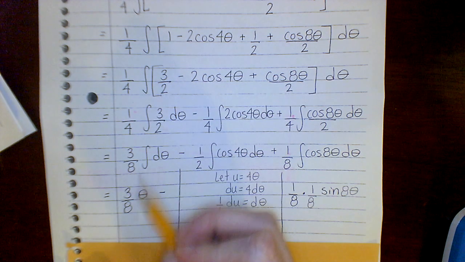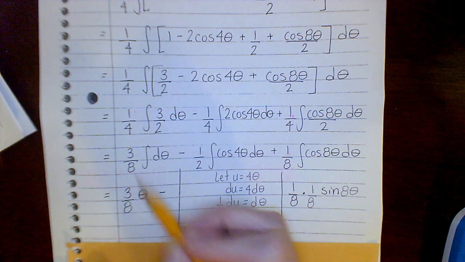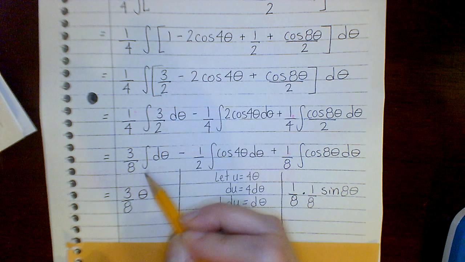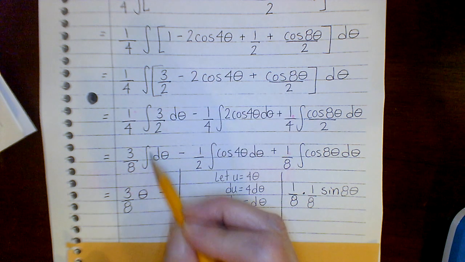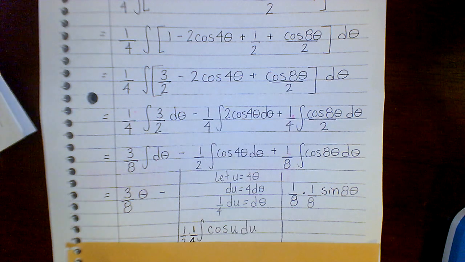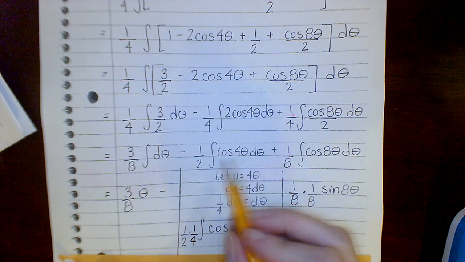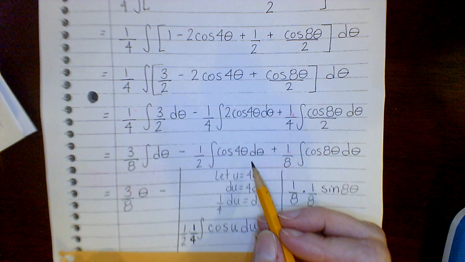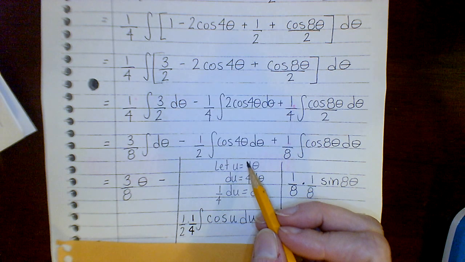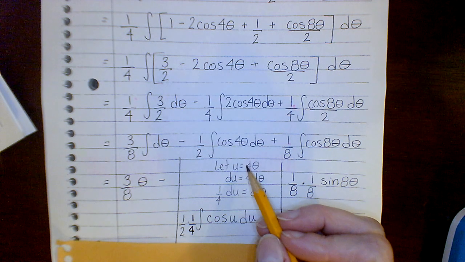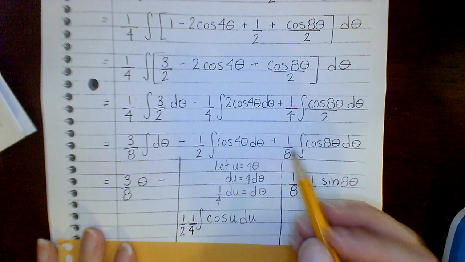This is the easiest one, so let's do it first. That's just going to be 3/8 and then the integral of basically 1 with respect to theta is theta. This one, you might need to do a u substitution, you might not. You might be able to do that u substitution kind of in your head. It just kind of depends.